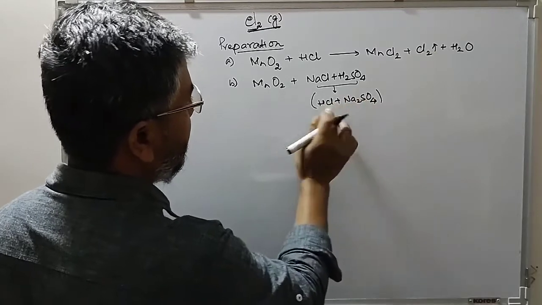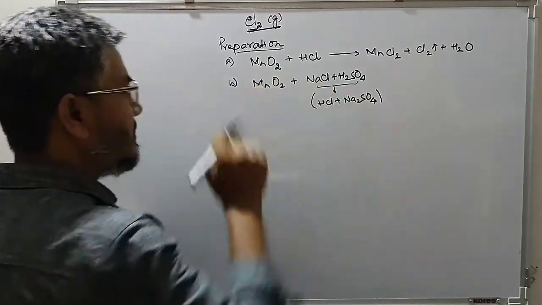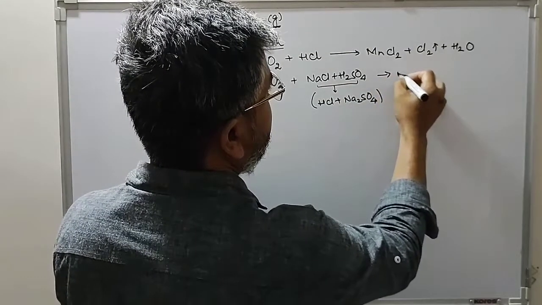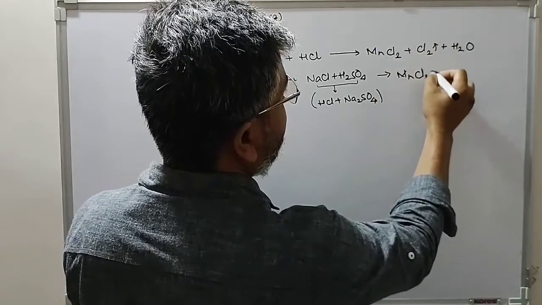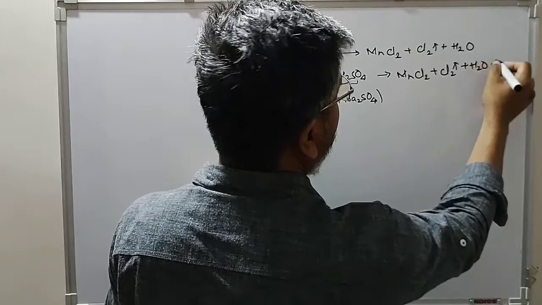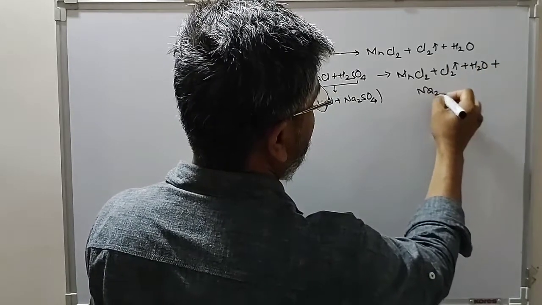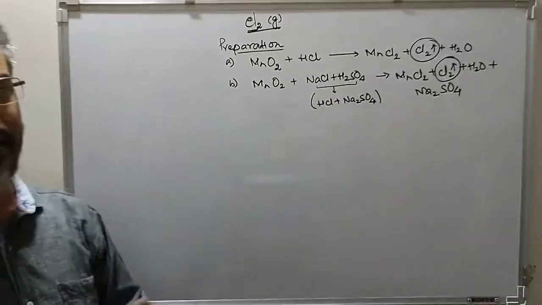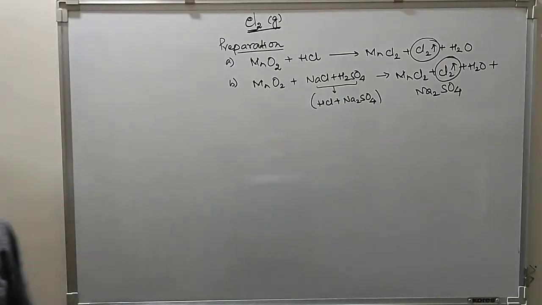This HCl further reacts with MnO2 to give the same product, that is MnCl2 plus Cl2 gas plus H2O plus sodium sulfate. So this is the laboratory method for preparation of chlorine gas.